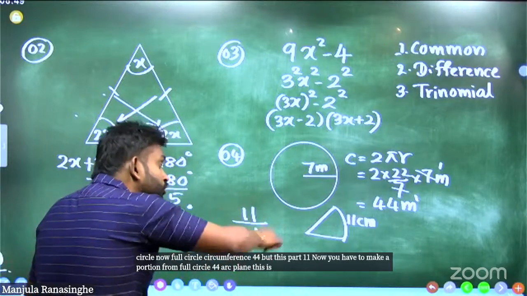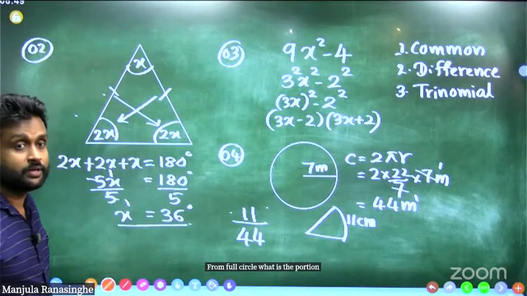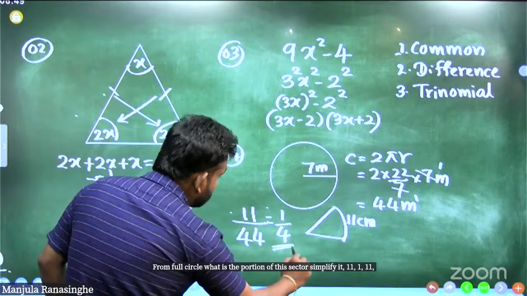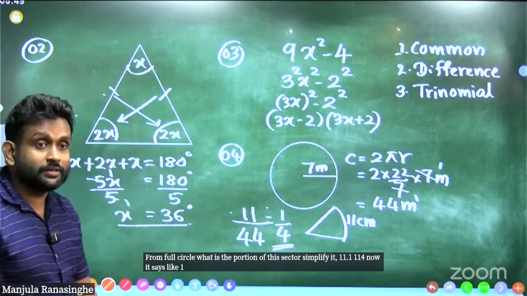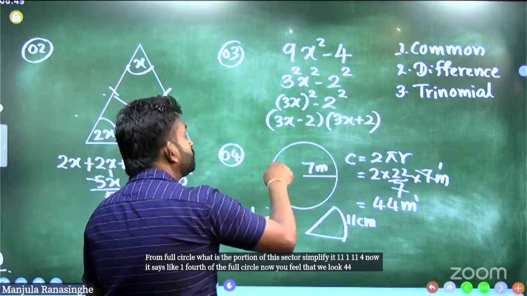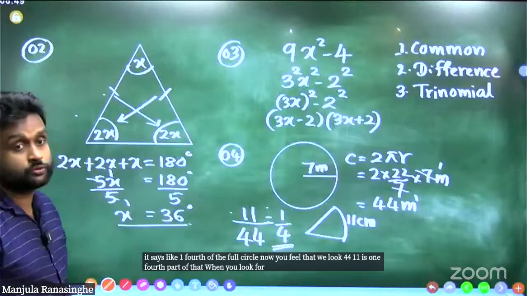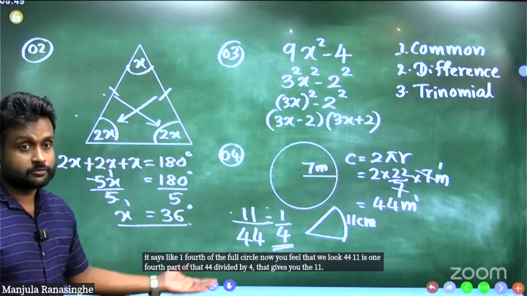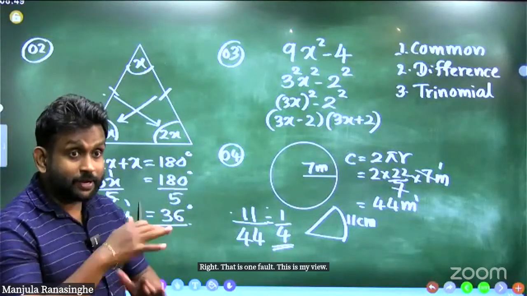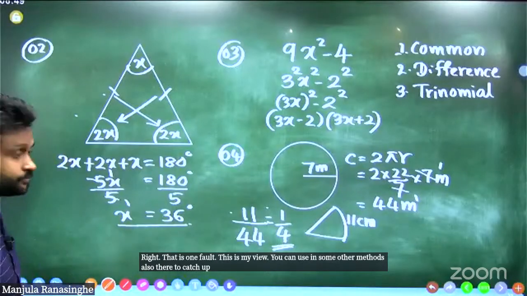So you make the portion: 11 over 44. Simplify it, 11 ones are 11, 11 fours are 44. So it is 1/4 of the full circle. You can see that 44 divided by 4 gives you 11. That is 1/4. You can also use some other methods to solve the question.